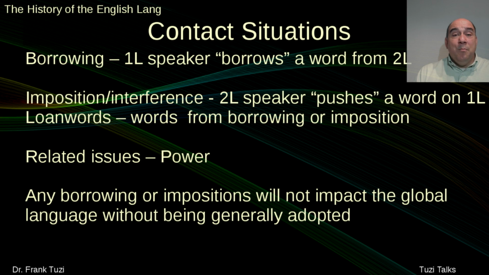Now, there are two basic ways that we borrow. We borrow because we like a word. We get a loan word. We take this word and we want to add it to our vocabulary. Maybe it's because it's a word we don't know. We've never seen it before.